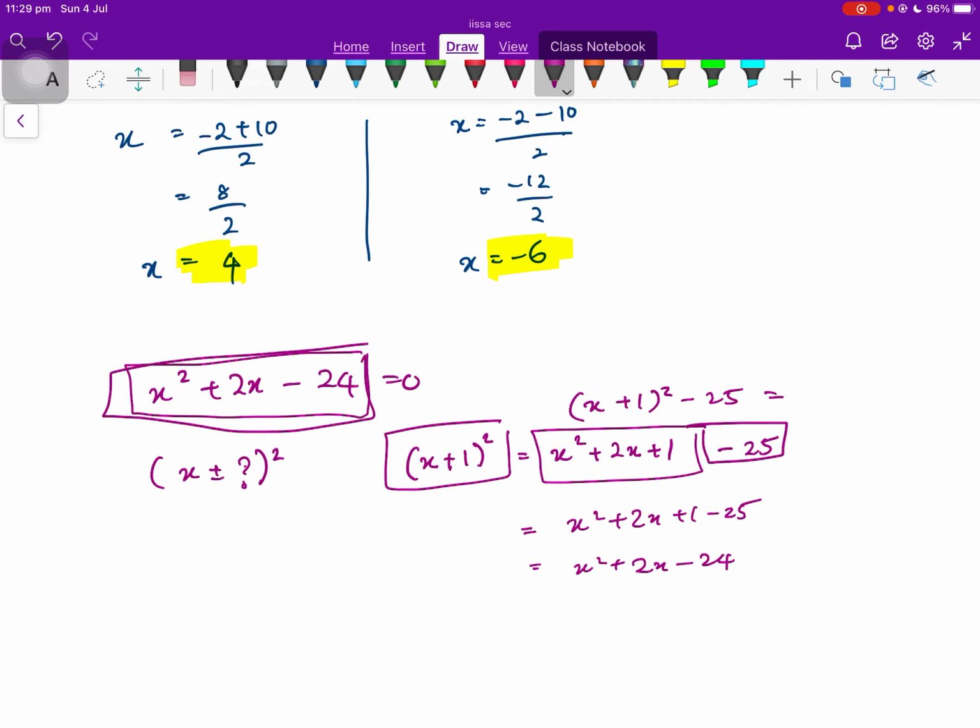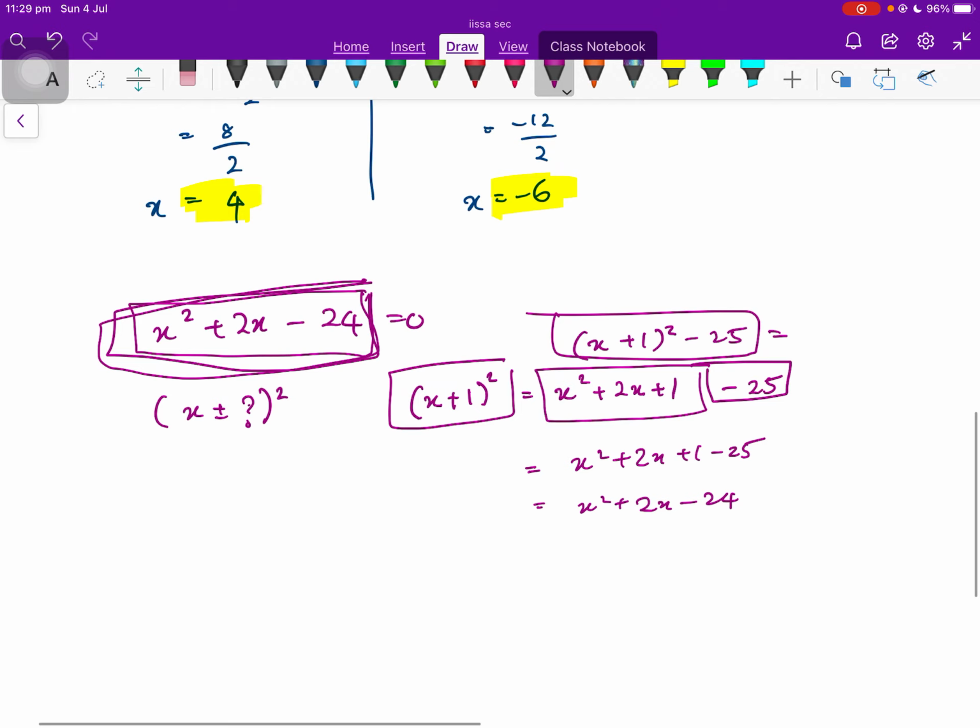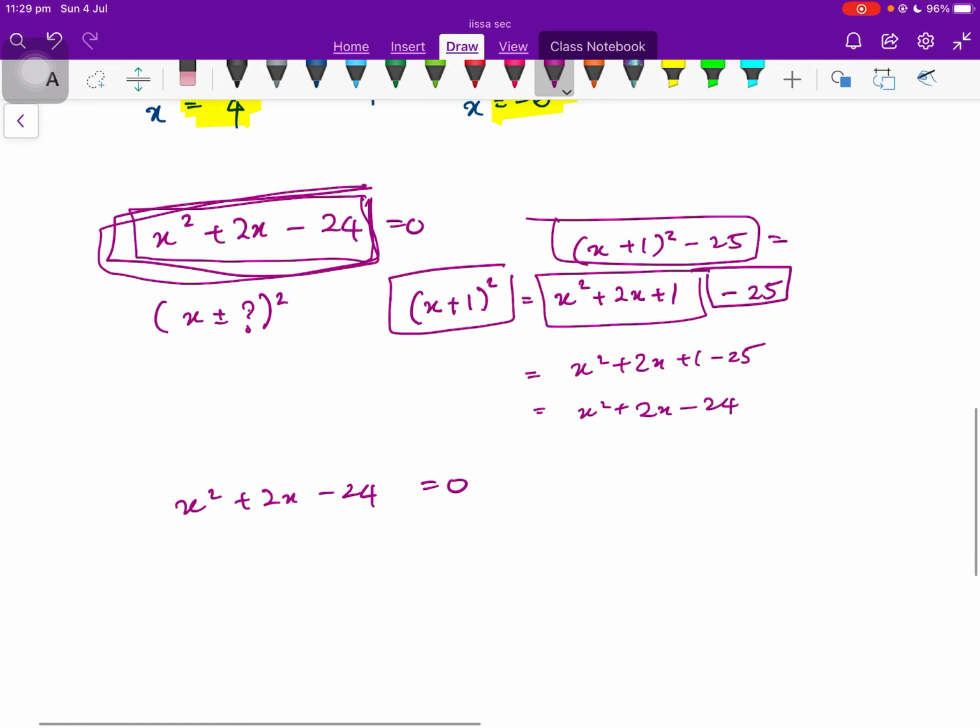We know that x squared plus 2x minus 24 is equal to 0, and this is also equal to x plus 1 squared minus 25, which is equal to 0.